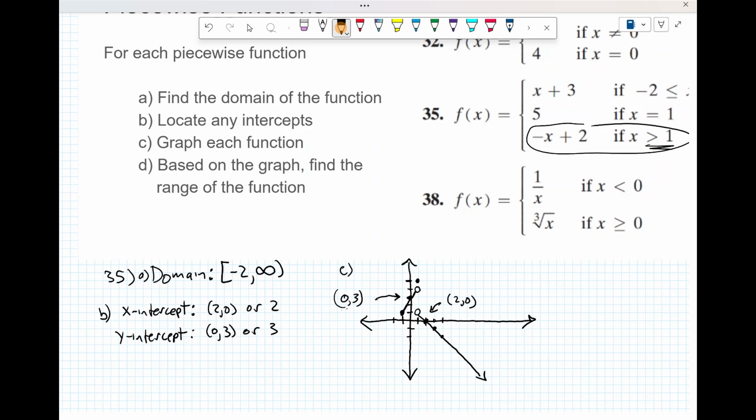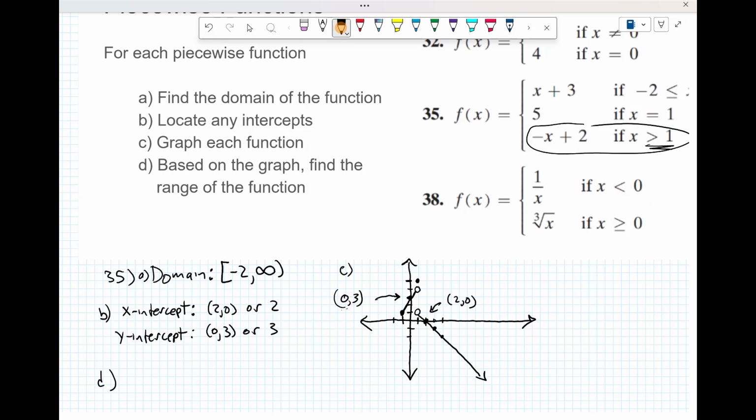All right, based on this graph, what is the range? This is going to be a little bit potentially complicated. I would say we kind of have 3 different parts. I'm just trying to think how to put this together. What's the smallest possible y value?